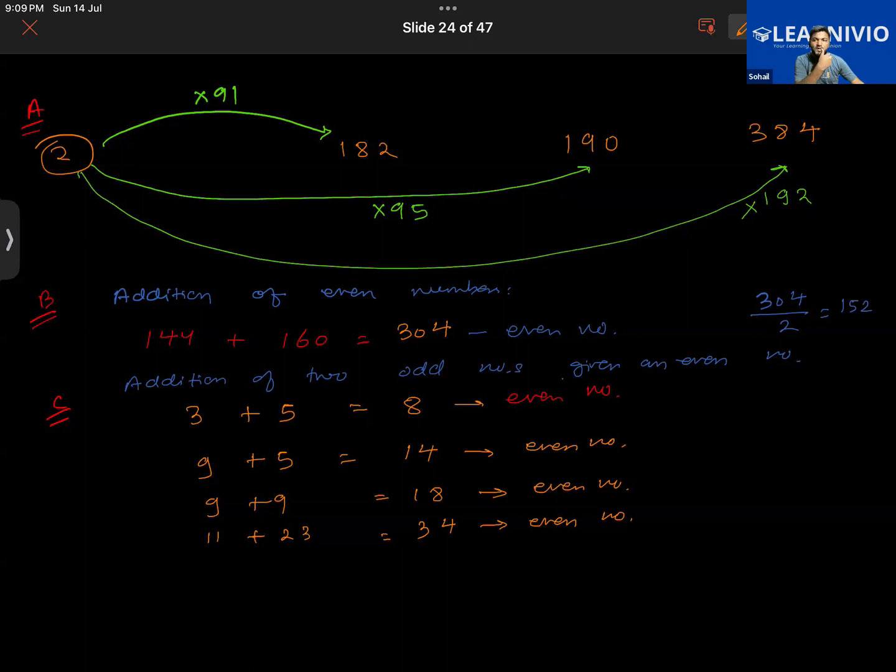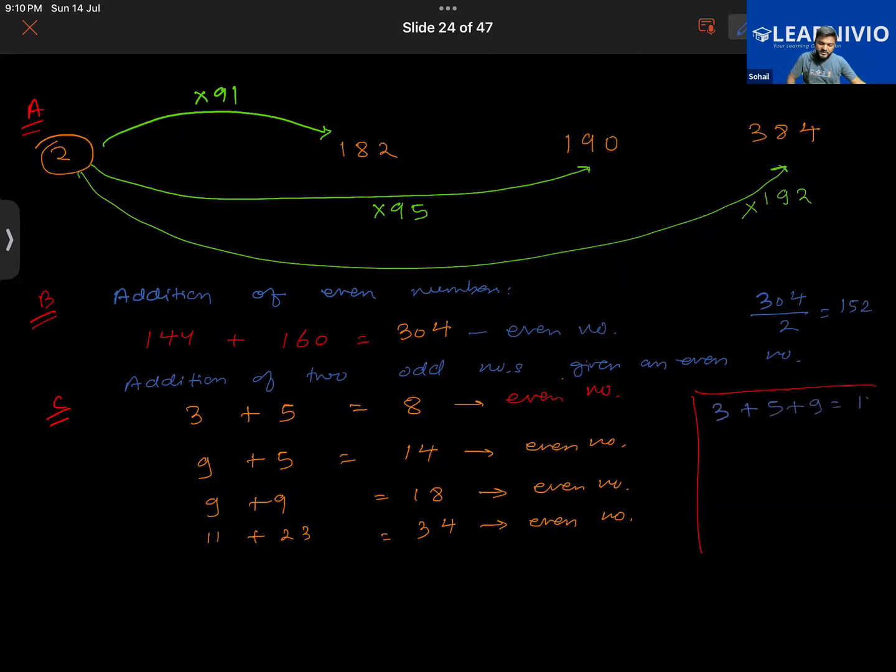Another thing is, what if you were to add 3 odd numbers? In that case, you will not get an even number. This property is true only when you are adding 2 odd numbers. Say, for example, 3 odd numbers like 3 plus 5 plus 9.